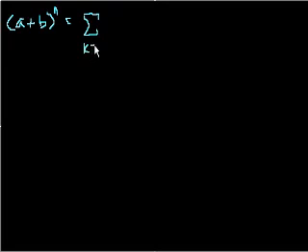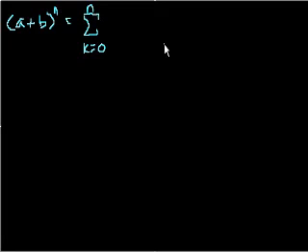So the binomial theorem tells us that a plus b to the nth power is equal to, and I know this is going to look complicated at first, but we'll do a couple of examples and you'll see it's not that intimidating. It equals the sum from k equals 0 to n, right?